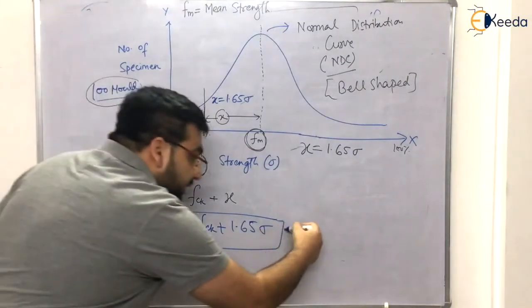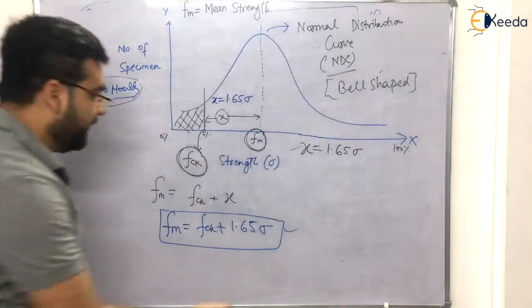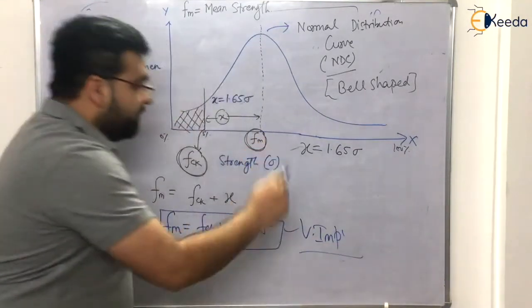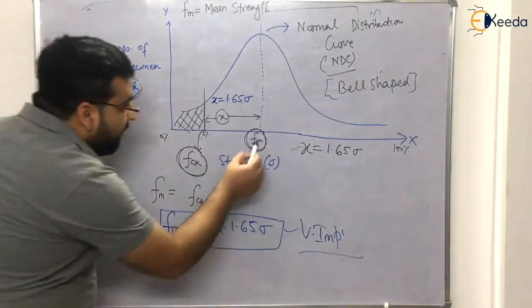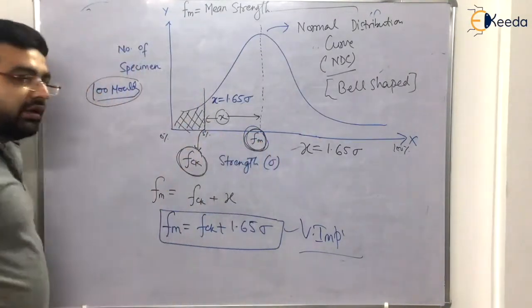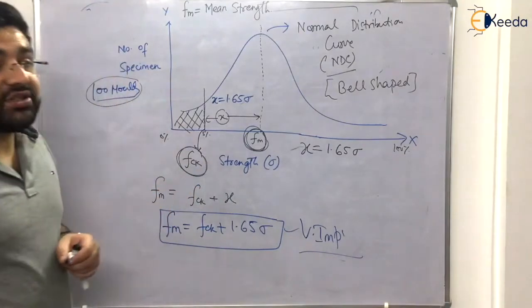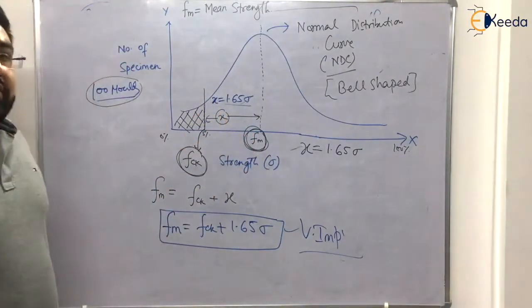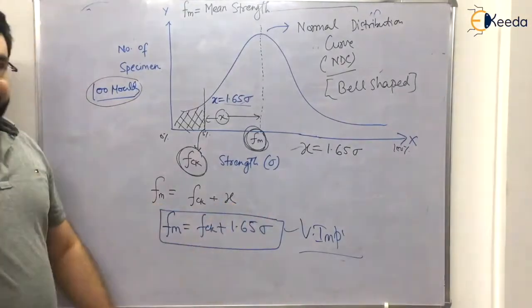Right? Learn it. Very important. It means that if you want to calculate the mean strength and you know the characteristic strength, you have to multiply the standard deviation with 1.65 and you will get the answer.